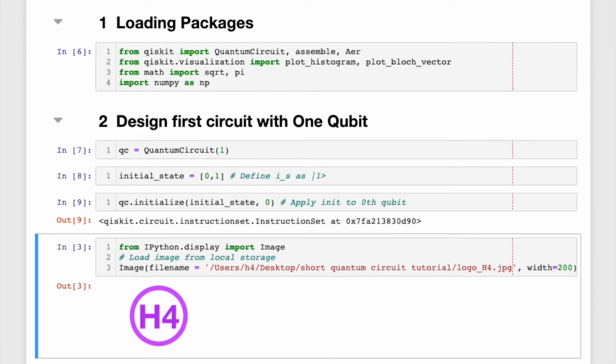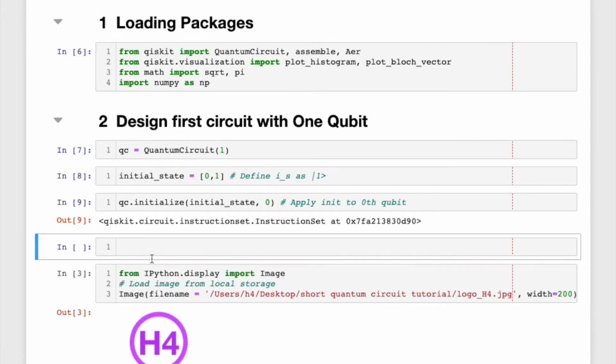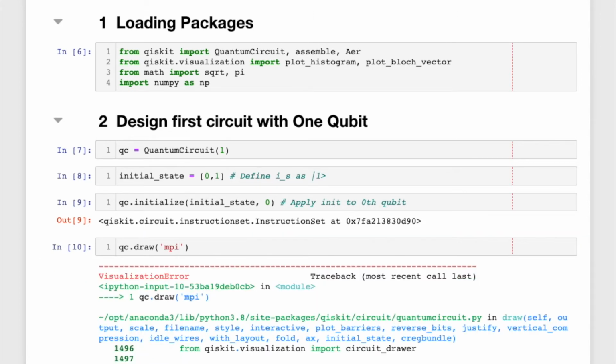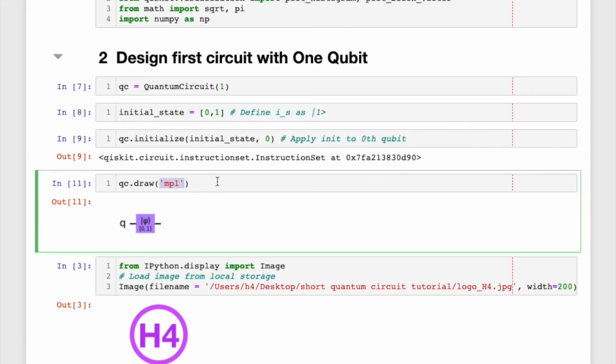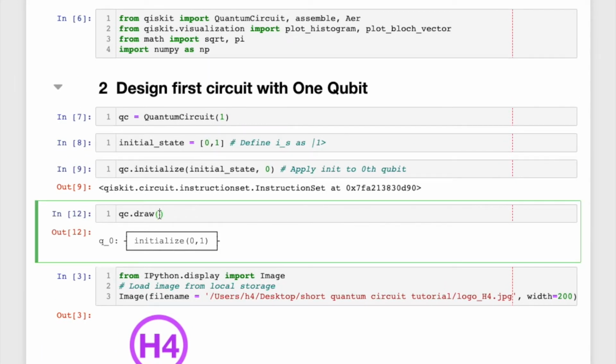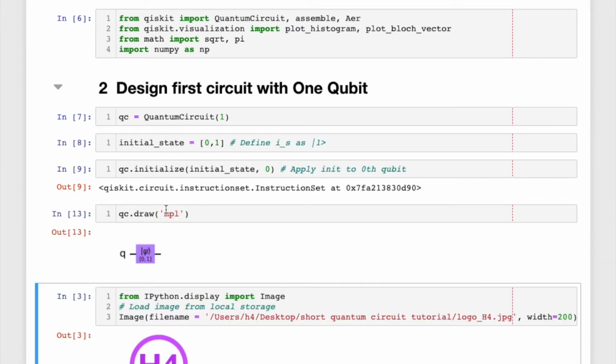This was successful, and after doing the initialization, we just draw the circuit. I do it using the method MPL, sorry, MPL, because I like it better than what you get if you don't use MPL, a standard output. It's more beautiful.